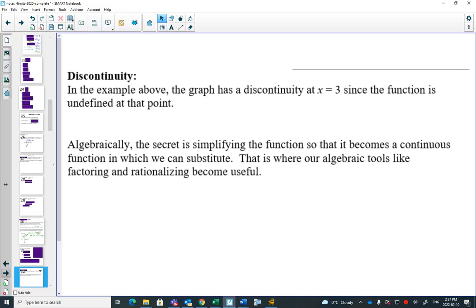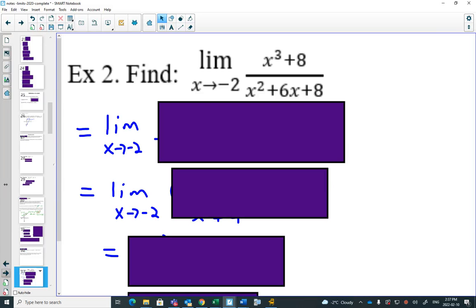If there's a hole in the graph, then the limit will be equal to the y value of that hole. That's the basic concept that we're looking at right now for a limit. On the next page, on page 8, there's 4 of them for you to try.